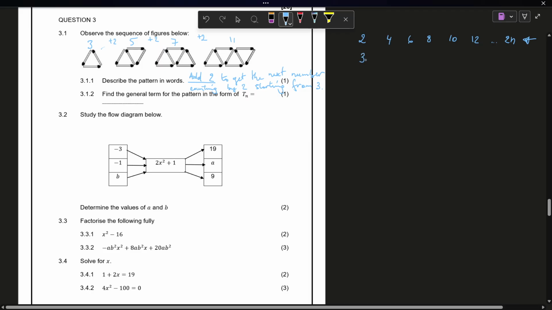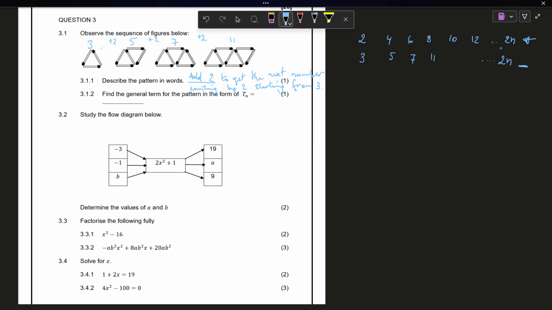So it's 3. We add 2, it becomes 5. We add 2, it becomes 7. Then the next one is 11. So how are we going to express that? Is it also 2n? It's not just 2n, but it's going to be 2n with something added, okay? What is happening to this 2n?